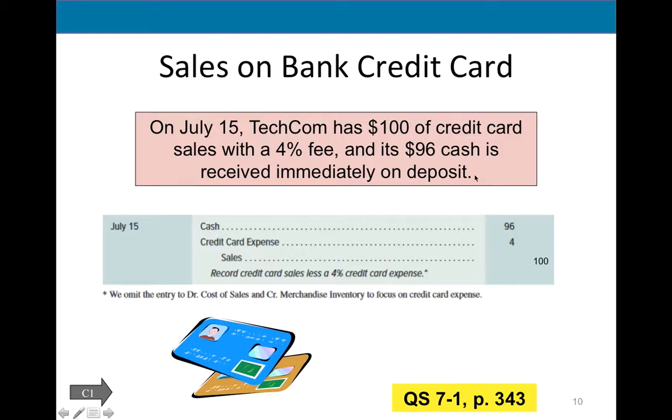But instead of $100, we are going to collect $96, and $4, which is 4%, goes to this new account called credit card expense. And we credit sales for $100. Now, I think it makes sense, so I'm going to skip this quick study 7-1. You can take a look at it. This type of transaction is done.